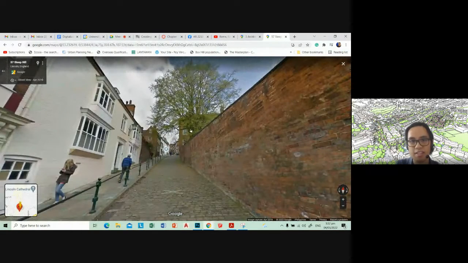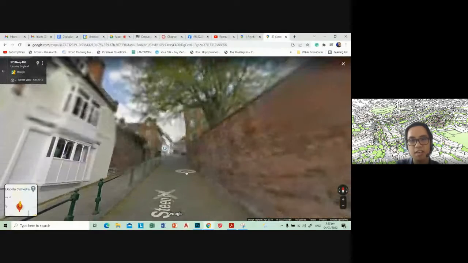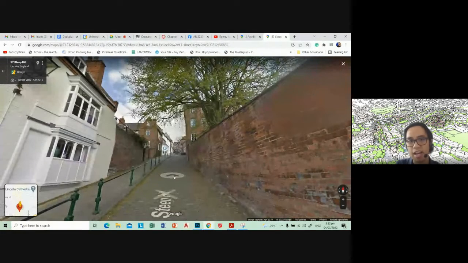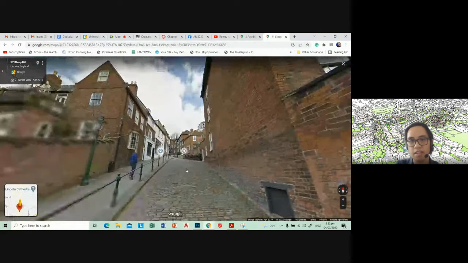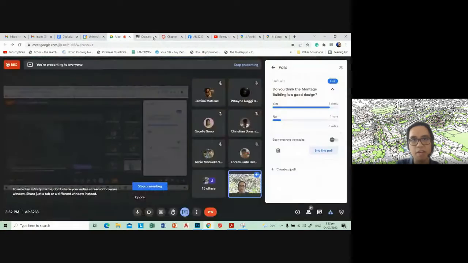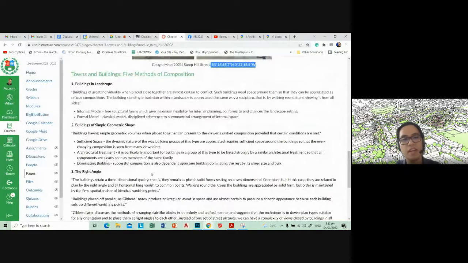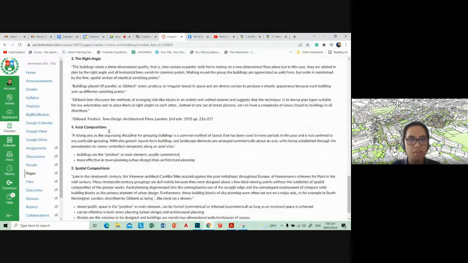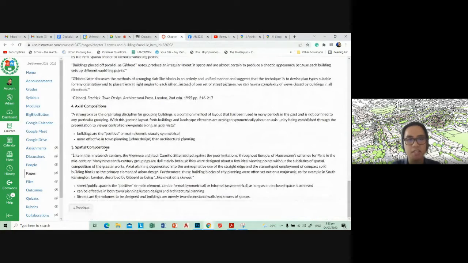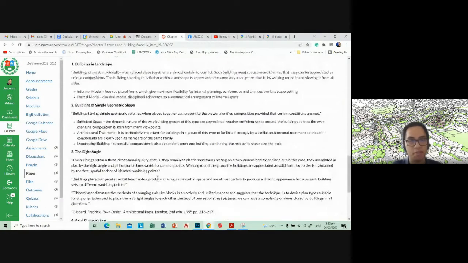So the height is more or less similar, but not exactly the same. I'm kind of getting ahead of myself. This is talking about the buildings of simple geometric shape and also the actual compositions, and a bit of the spatial compositions as well, but we'll discuss that further.